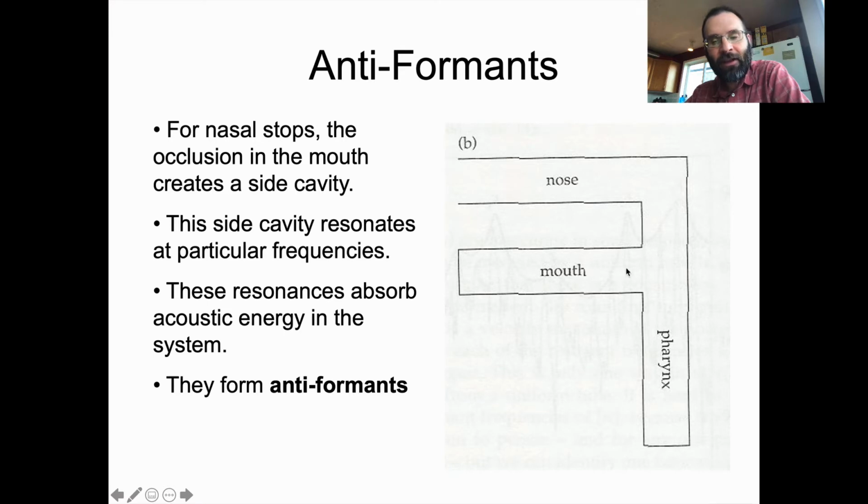So we're going to get anti-formants at specific frequencies due to this side chamber, and we will see those anti-formants as basically regions that fade out in the spectral characteristics of the nasal stop as you produce it. So you can see the overall pattern of an anti-formant in the nasal stop. It's kind of hard to figure out exactly where it's happening because it's energy that's not there, right? So it's just like a blank spot on the map, and it's hard to kind of pin down where it's centered.